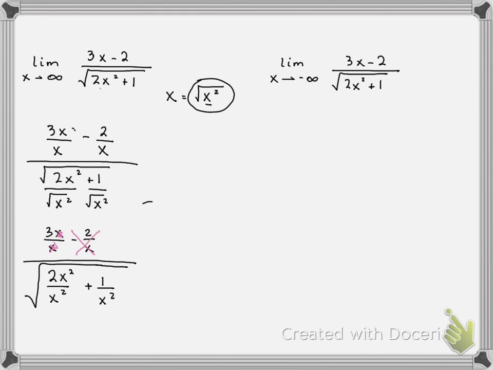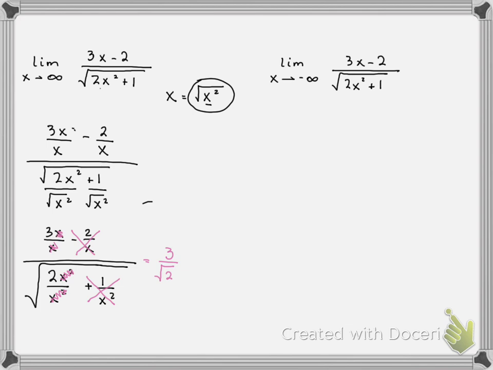This goes to 0. This goes to 0. And those x's go away. So the limit as x approaches positive infinity is 3 over the square root of 2. Very simple. And again, the power in the numerator is exactly the same as the power in the denominator. Therefore, we have the leading coefficients as a ratio being the horizontal asymptote.